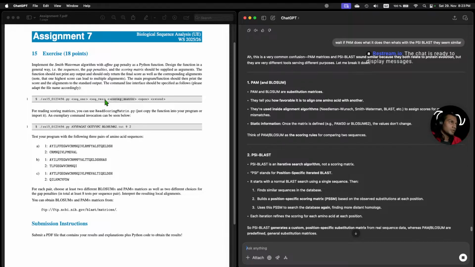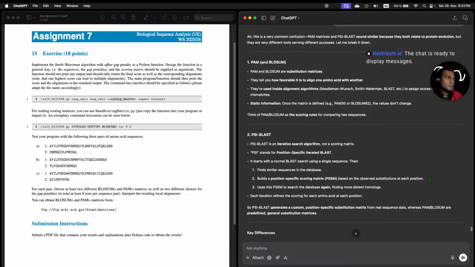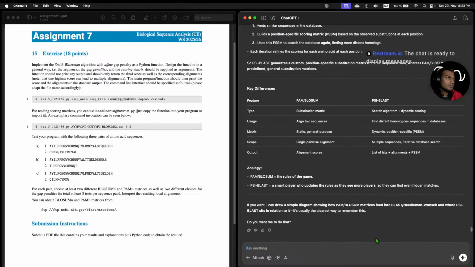PSI-BLAST is an iterative search algorithm, not a scoring matrix. Okay, okay. Position-specific iterated BLAST. Okay. Oh, PAM and BLOSUM are the rules of the game, and PSI-BLAST is a smart player who updates the rules as they see more players.